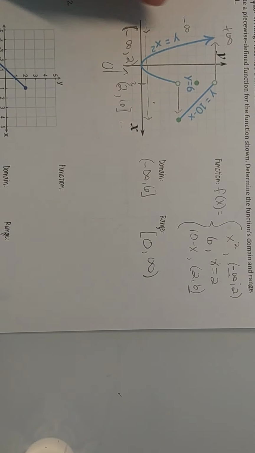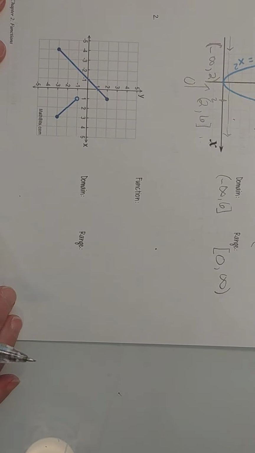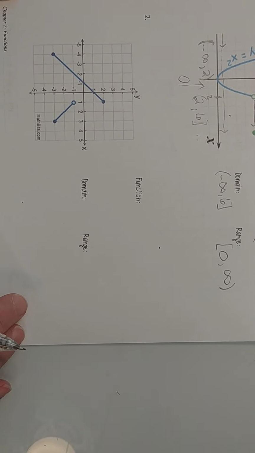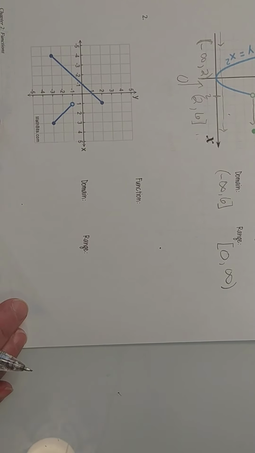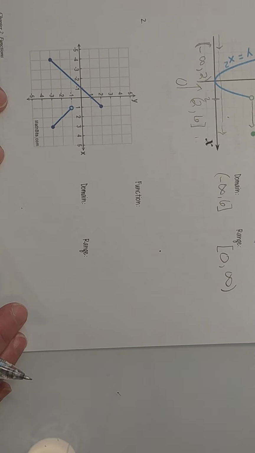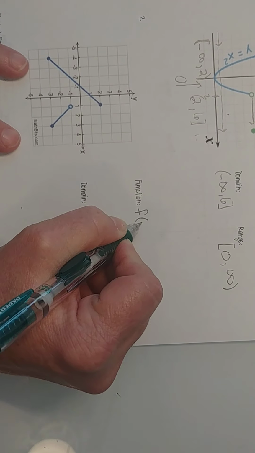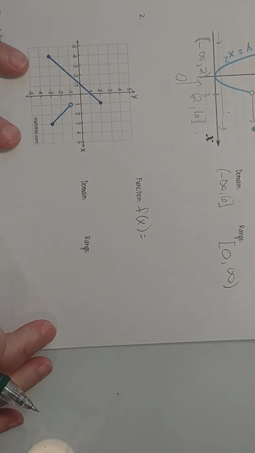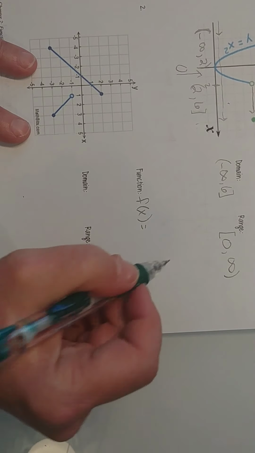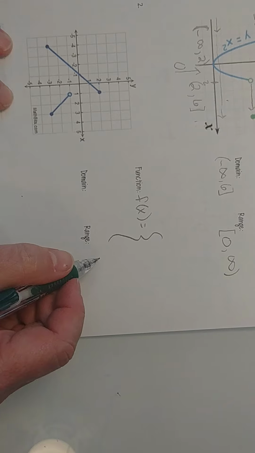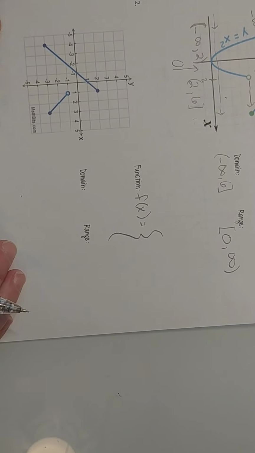Okay, taking a look at our next example, we have two lines here. So we're going to start with our function f of x equals, and our brace. Okay, but we need to write the equations of these lines now.